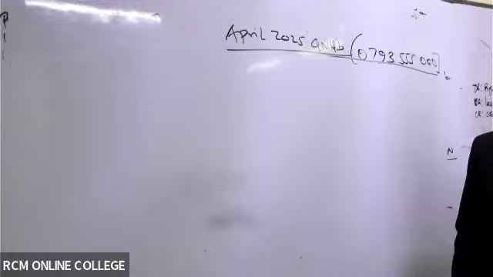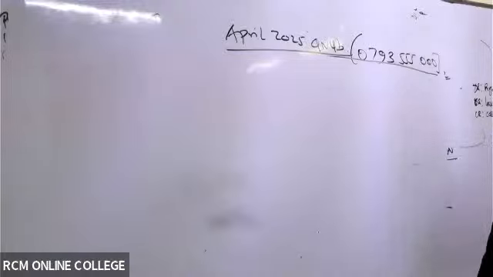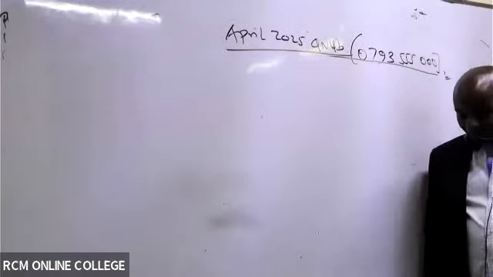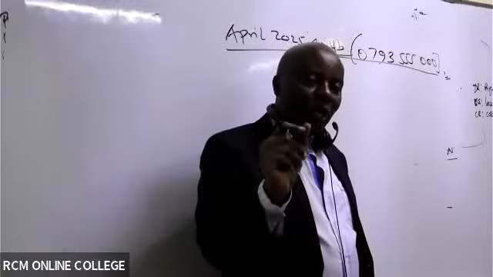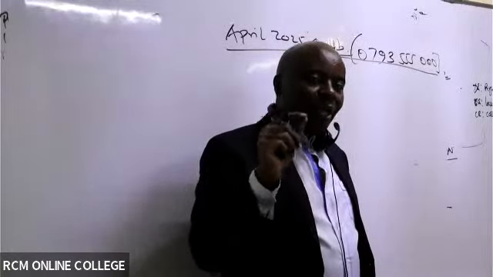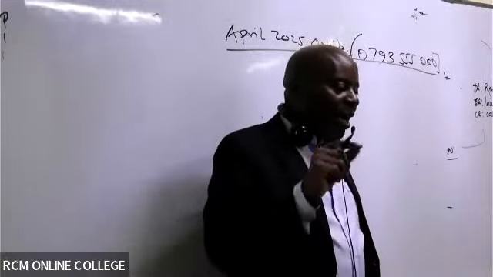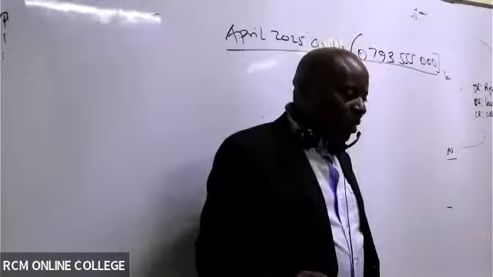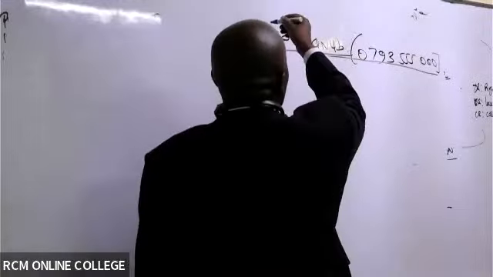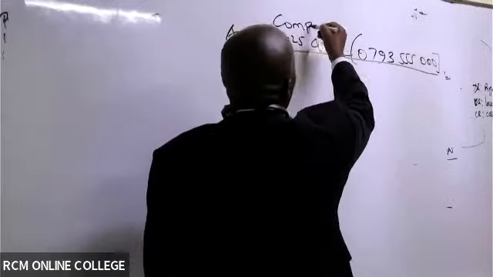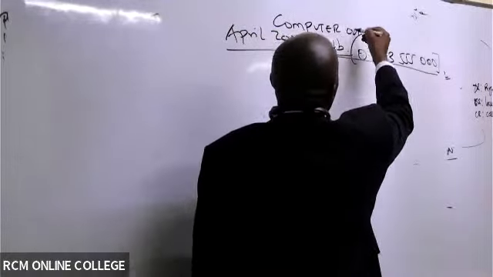So, April 2025, question number 4. At this level, we are not going to do multiple regression analysis manually. Multiple regression analysis is never done manually. What will happen is they will give you a computer output.